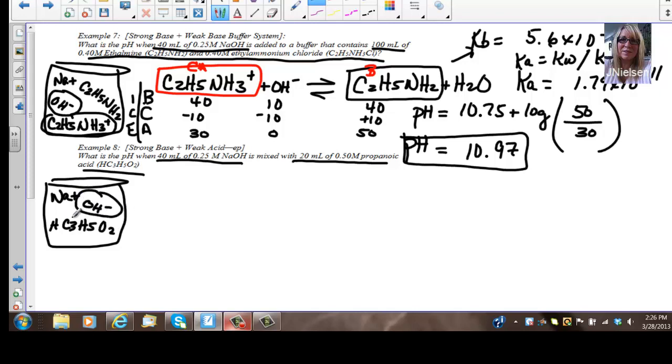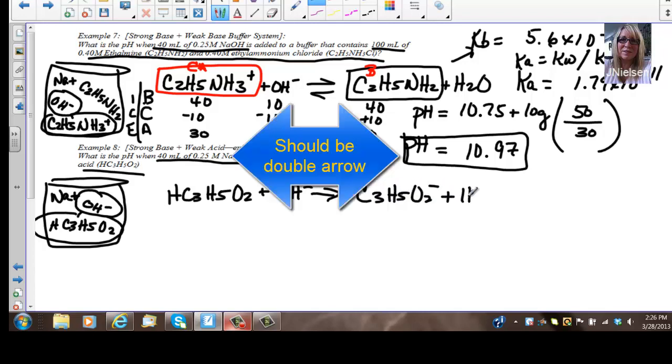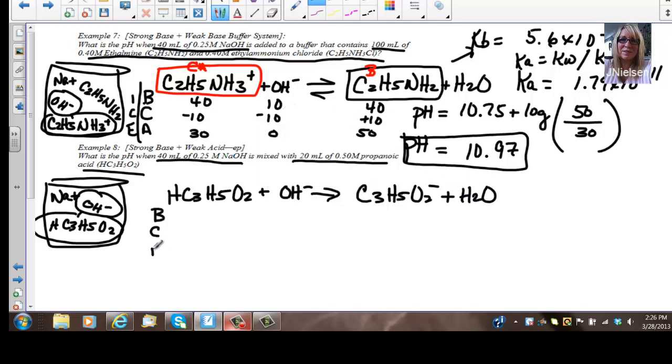So these two are going to combine. So we've got HC3H5O2 plus OH minus yielding the propanoate ion, C3H5O2 minus, and water.